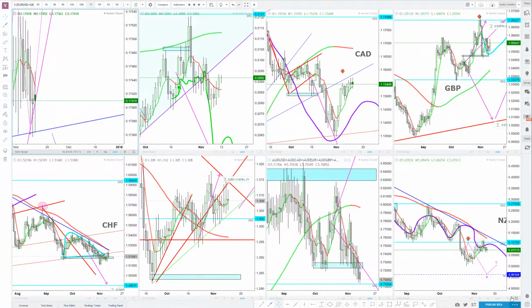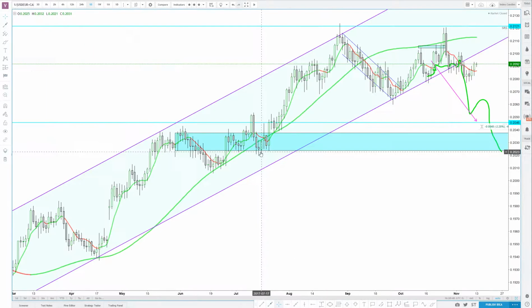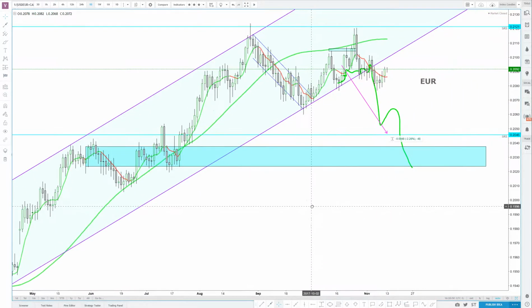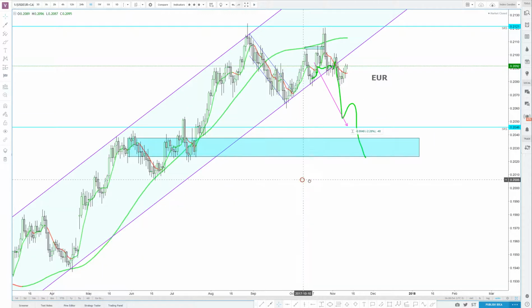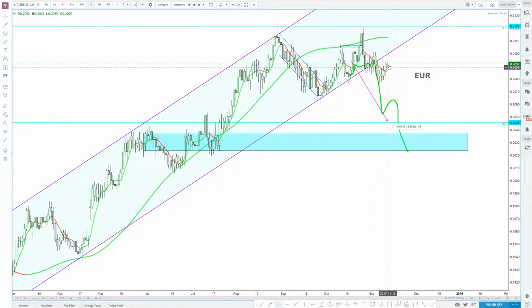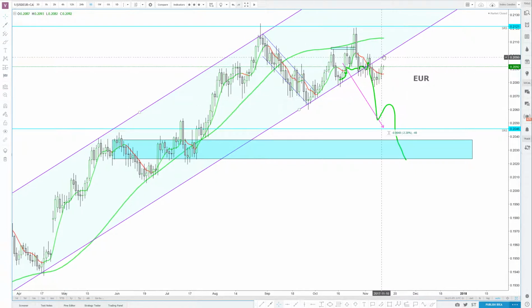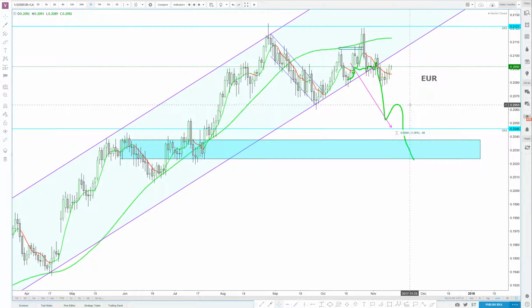Let's look at Euro. So Euro broke this trend channel, and it's trying to pull back to it naturally. I'm not sure why I didn't draw it in the first place, but anyway, it's drawn back to it. I'm still expecting it to go lower now that we've broken it. It's pretty natural for it to go back to it like that.